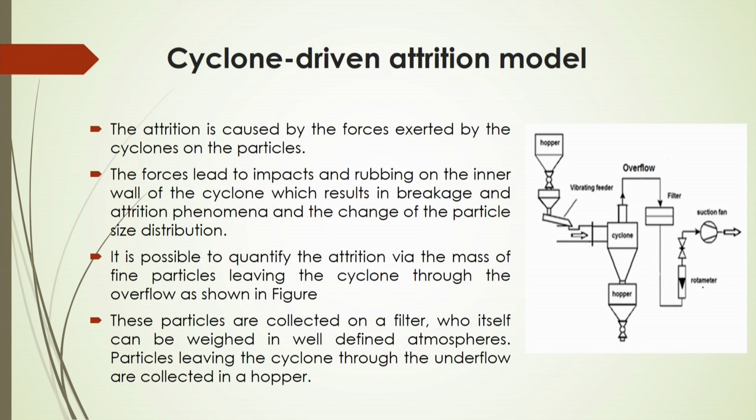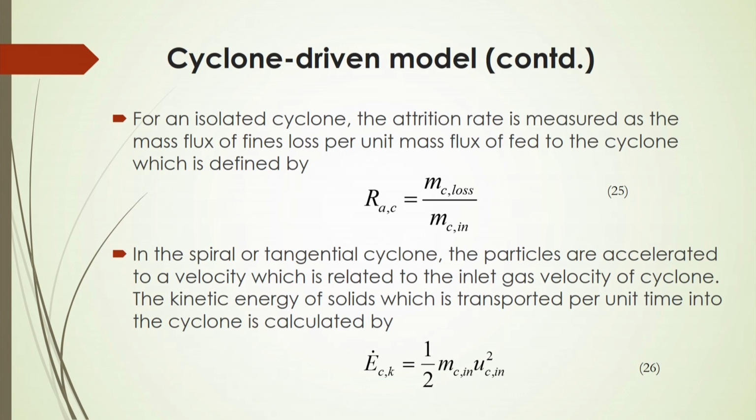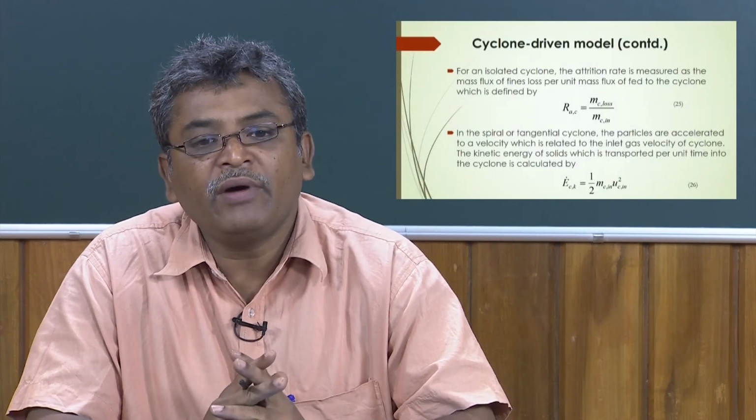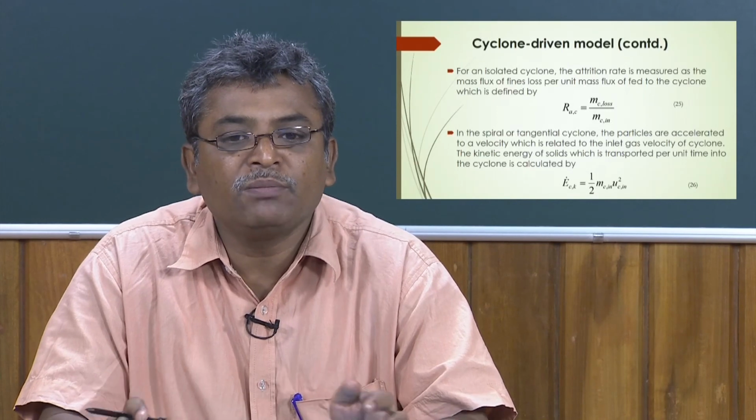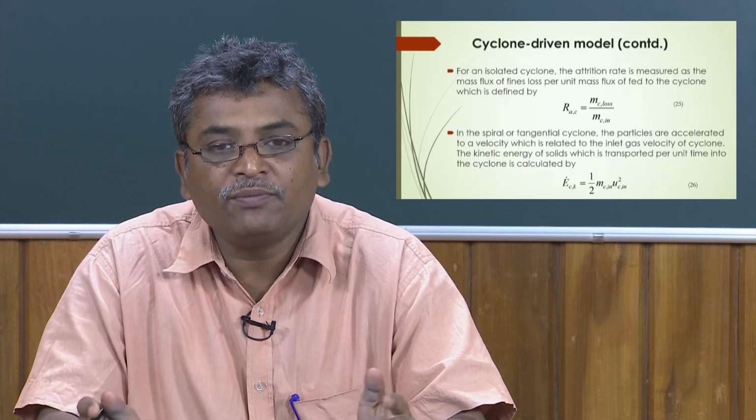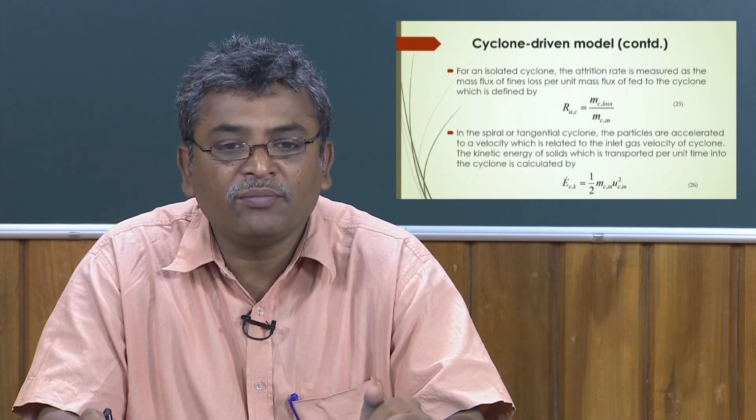From this you will be able to calculate the quantity of the attrition via the mass of the fines collected. For separate cyclones, or isolated cyclones, the attrition rate is measured as the mass flux of the fines loss per unit mass flux of the feed to the cyclone, which is defined by equation 25.